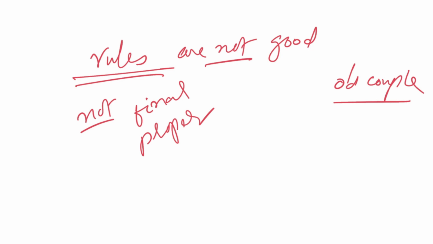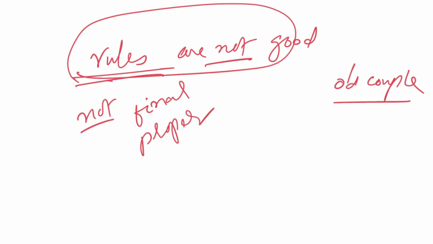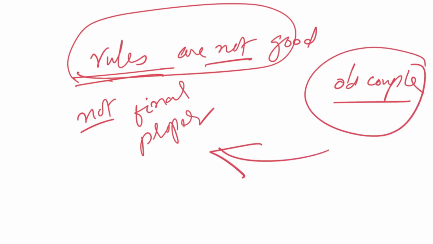So it is the inherent limitation of the rules because of which an officer should include the old couple, which means rules are not perfect.